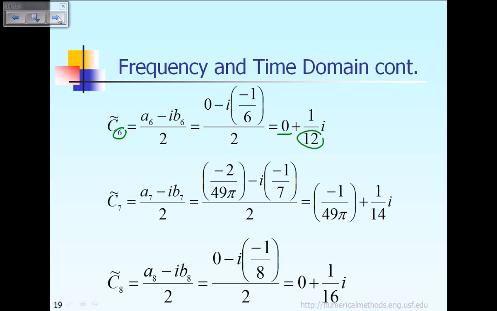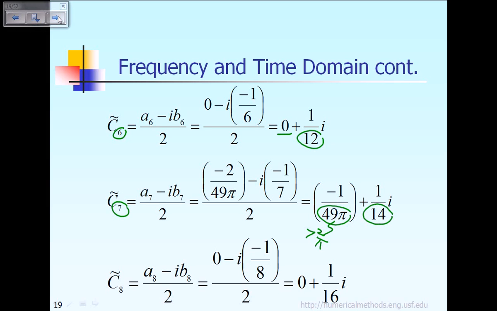And finally, one more example: when k equals 7, which is an odd number, then the denominator of the real part is 7 squared times pi, like I told you before. And the denominator of the imaginary part is doubled. So 7 doubled becomes 14.